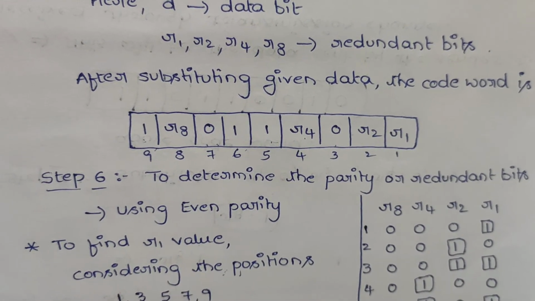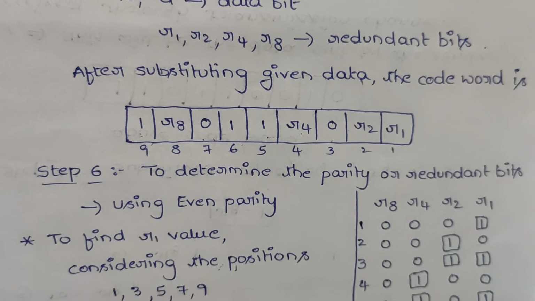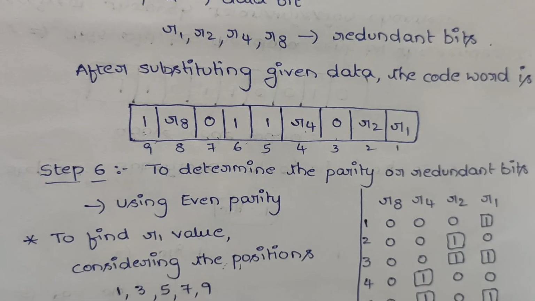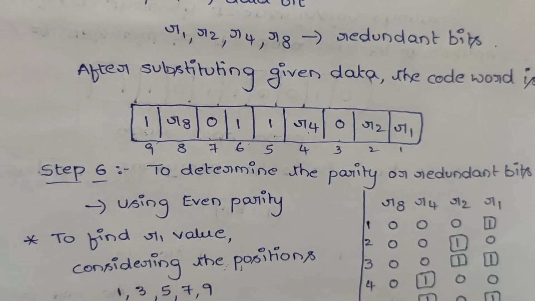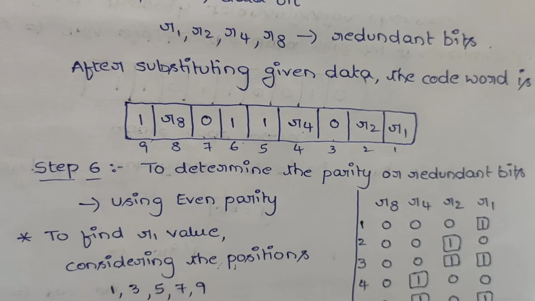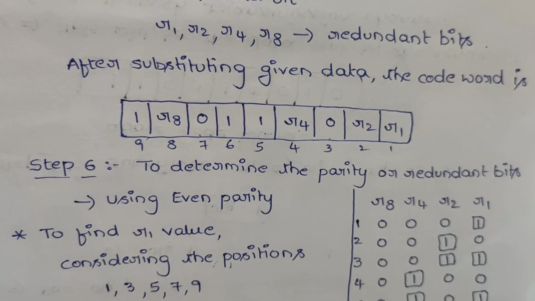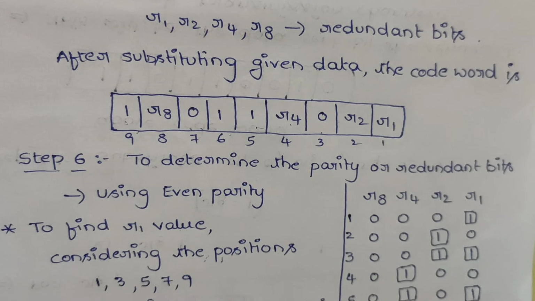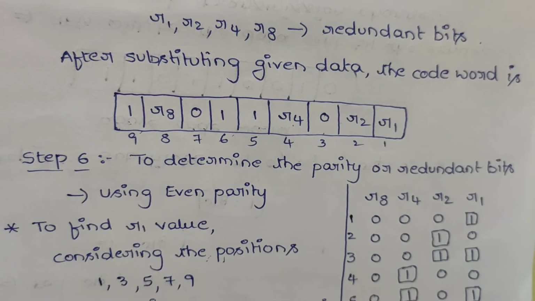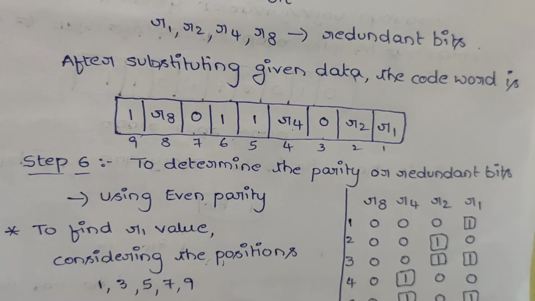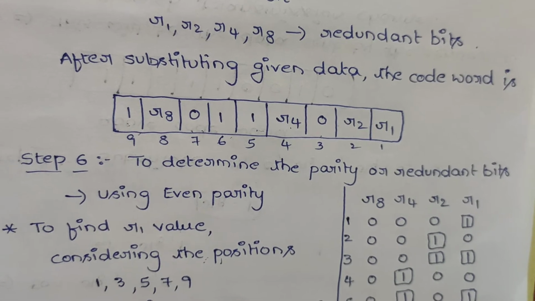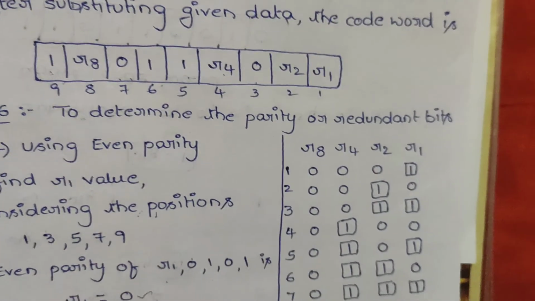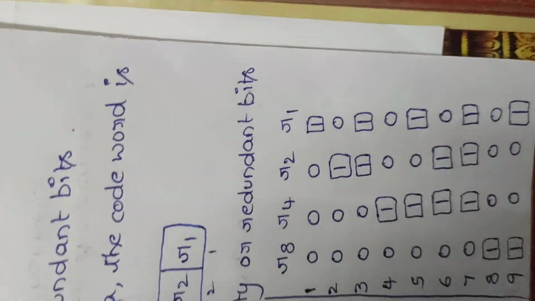In step 6, we determine the parity or redundant bits by using even parity. For finding the even parity, we need to find the positions of R1, R2, R4 and R8, that is, which positions need to be considered. For that, we write down a table like this.